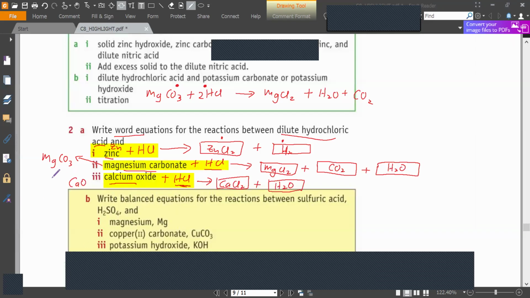Yes, correct. The other one is we need to write a balanced equation between these three.